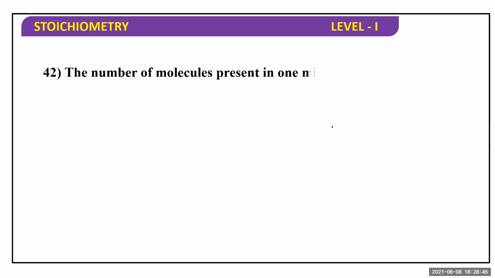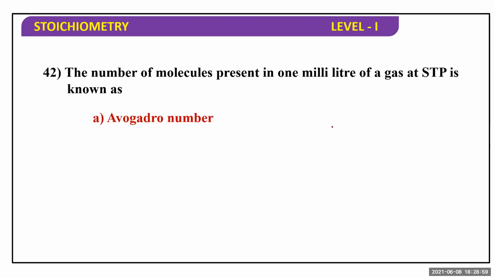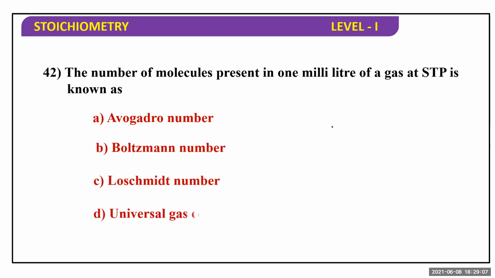The number of molecules present in 1 milliliter of a gas at STP is known as Avogadro number, or which one? Which one is the correct?